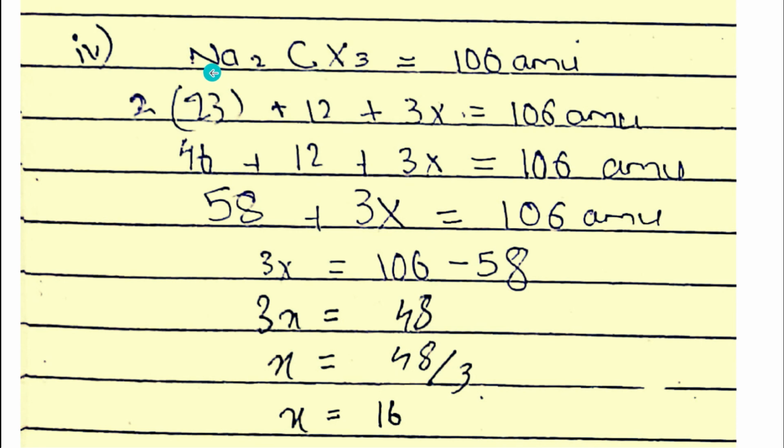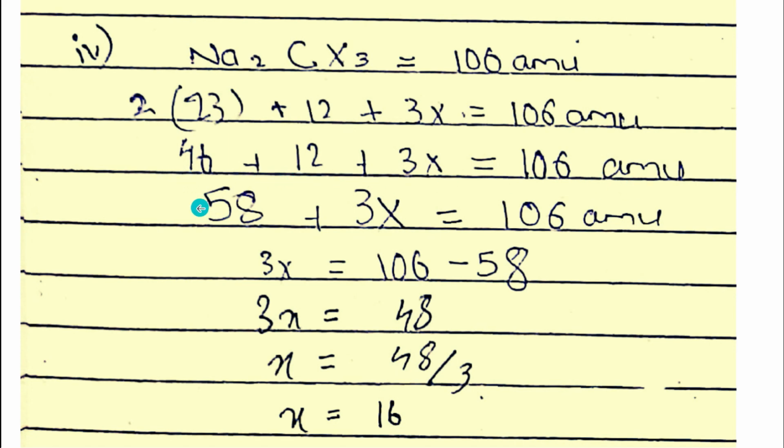Sodium is equal to 23, and there are 2 atoms of sodium, so 2 multiplied by 23. Then comes carbon. Carbon is equal to 12, plus 3x. Why 3x? Because over here it is shown that this compound contains 3 atoms of element X, equal to 106 AMU. So now 2 multiplied by 23 is 46, plus 12, plus 3x is equal to 106 AMU.